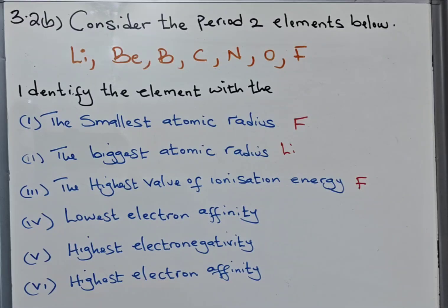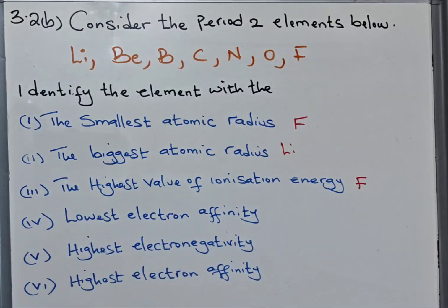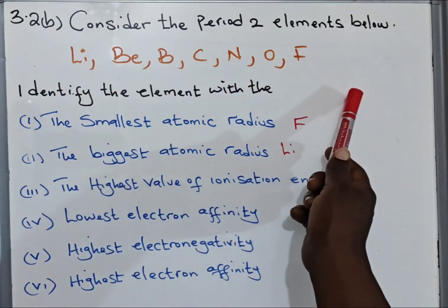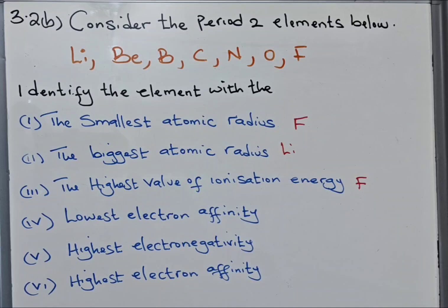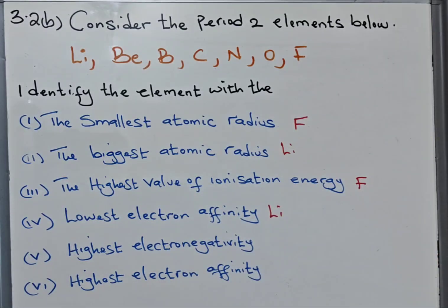So for the lowest, the bigger the atom, the lower is the electron affinity. Which atom is the biggest? The answer is going to be lithium. Lithium will have the lowest electron affinity because it's big, so the pulling power for electrons is small.